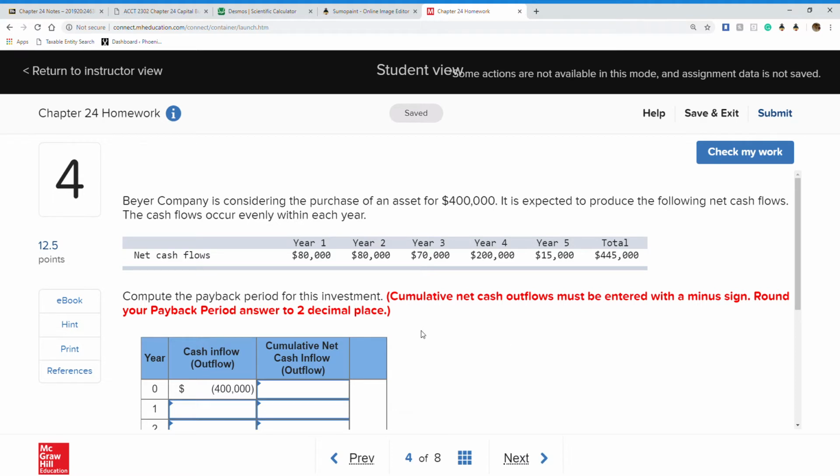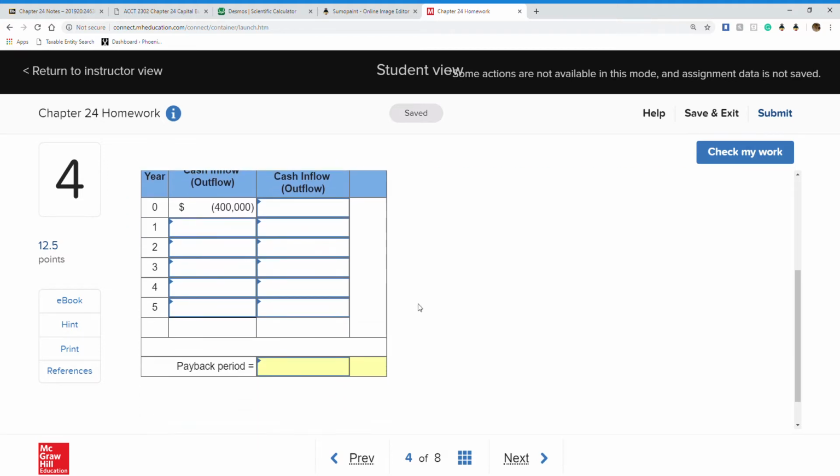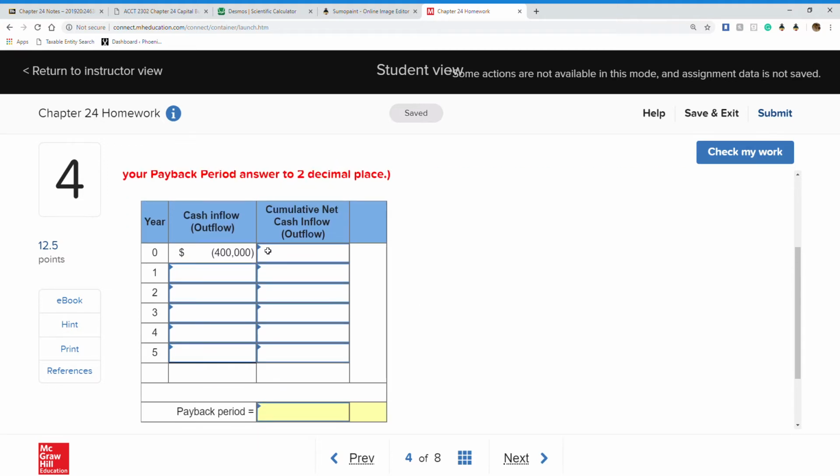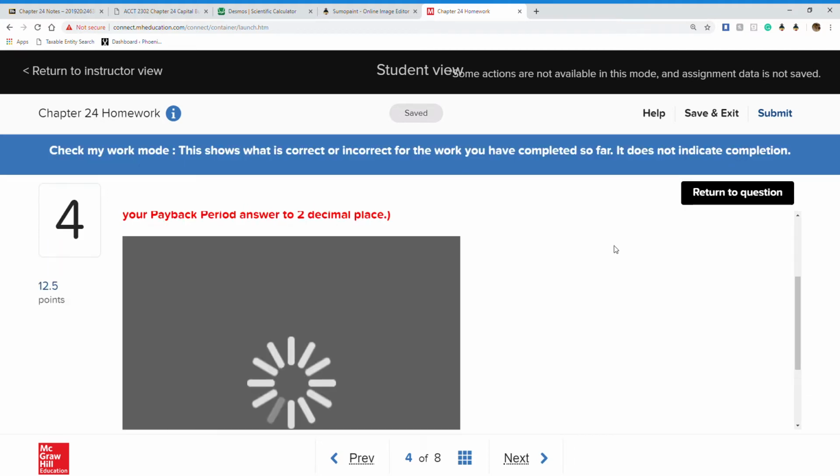Alright. So now what we're doing is a little bit of a payback period with different years. Okay, so we're going to look at purchase of an asset of 400,000. It is expected to produce the following net cash flow. Okay, cool. I'm figuring right now, the year 0, nothing's changed.